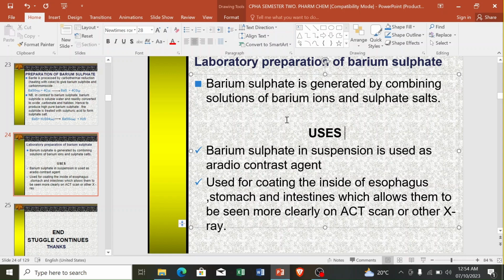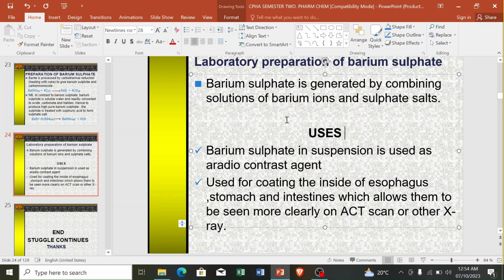So we have uses of barium. Barium sulfate is a suspension used as a radio contrast agent, used for coating the inside of the esophagus, the stomach and intestine, which allows them to be seen more clearly under a CT scan or other X-rays. Whenever we need to take a CT scan or X-ray, we give our patient what we call a barium meal.